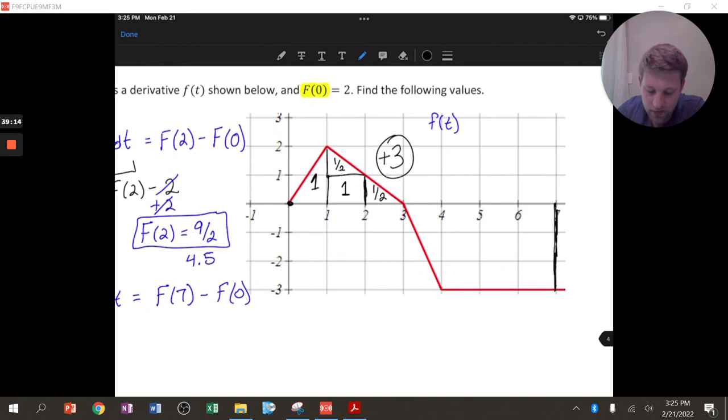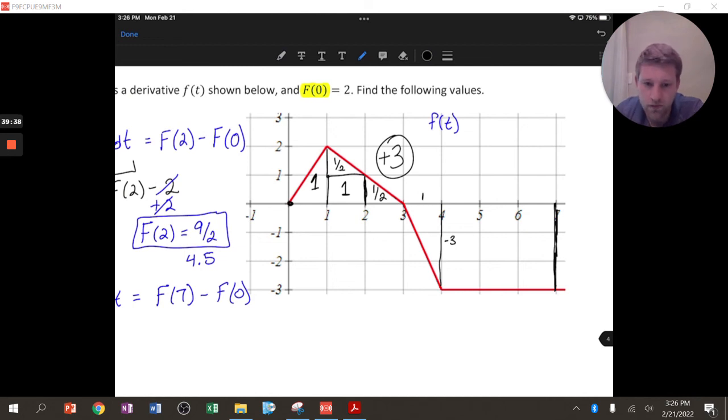And then the rest of this is actually going to be area accumulated under the curve, which we know should be negative. So let's see what that accumulation would be. First, I'll just take a slice here at 4. Notice that this is a triangle created underneath the x-axis, which has a height of -3 and a width of 1.